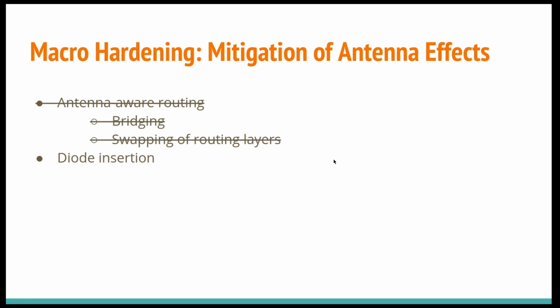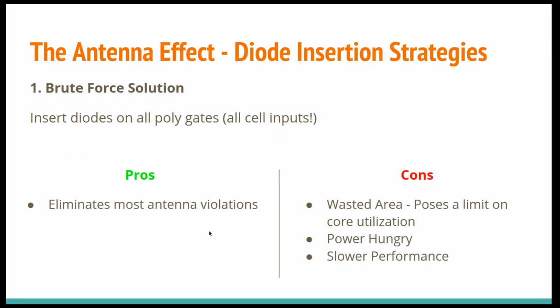Since antenna-aware routing wasn't the main goal back when the routers were being developed, the first two techniques, bridging and swapping routing layers, required a lot of development, and hence we opted for diode insertion-based solutions, and I'm going to discuss three strategies for that we use in OpenLANE. First, the obvious brute force solution, which inserts diodes on all polygates.